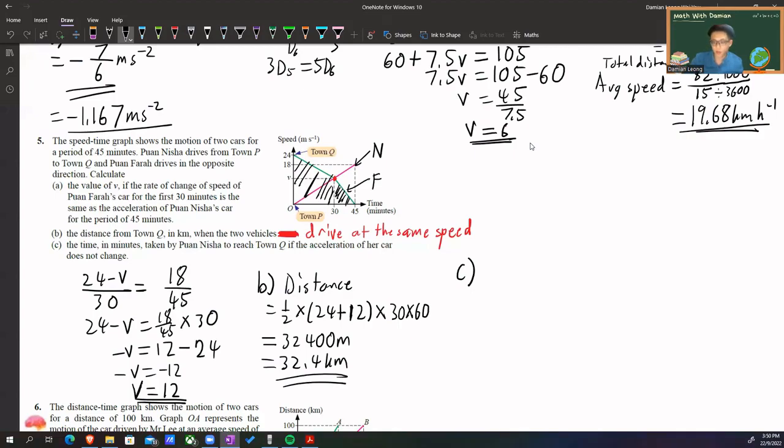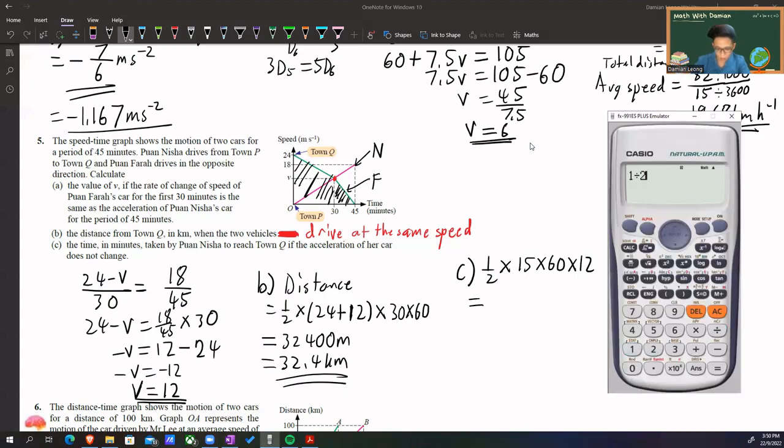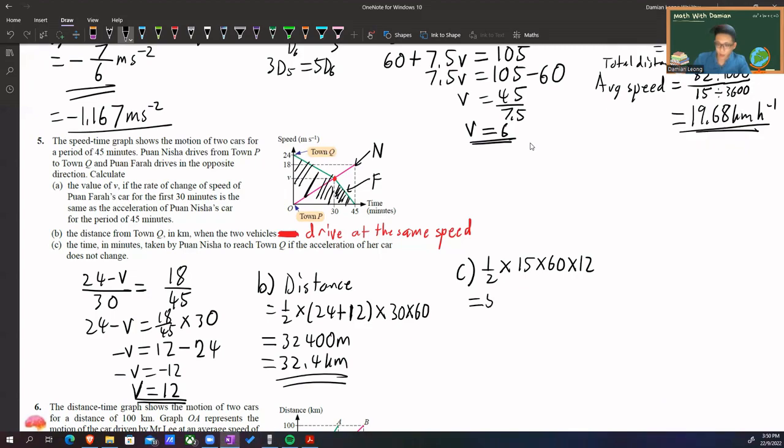So I already have the distance for this part. We find the distance for this triangle as well. So we take half times base, 15 minutes, but I have to change to seconds, times the height, V, 12. So it's half times 15 times 60 times 12, which I get 5,400.